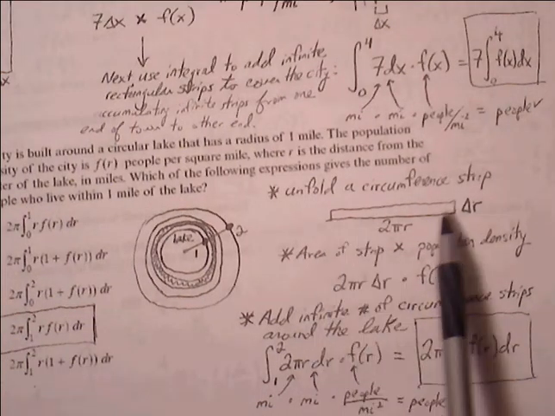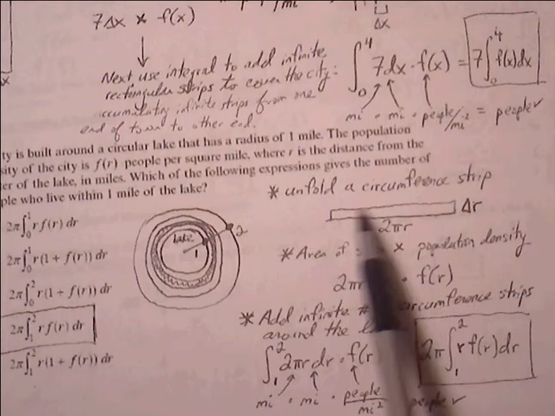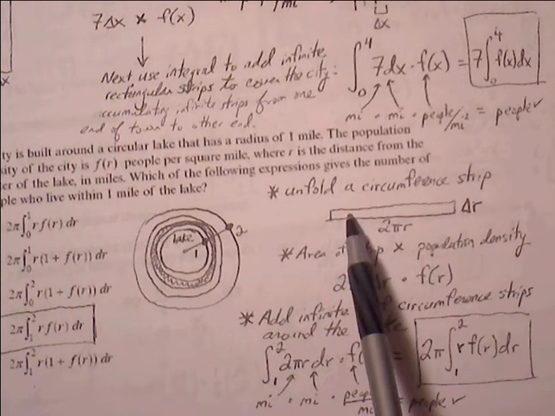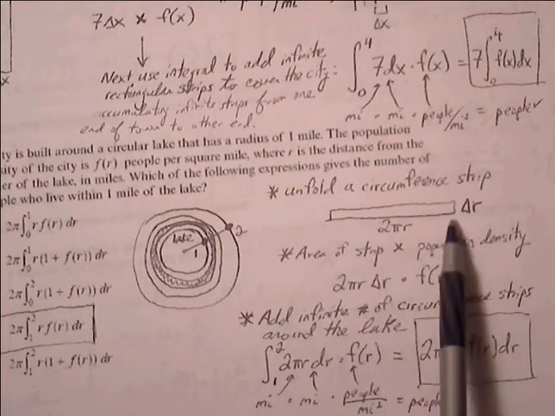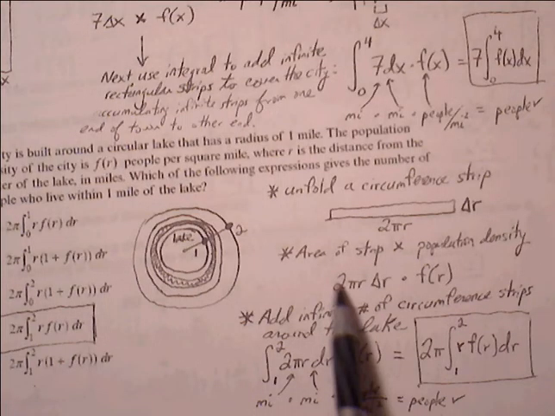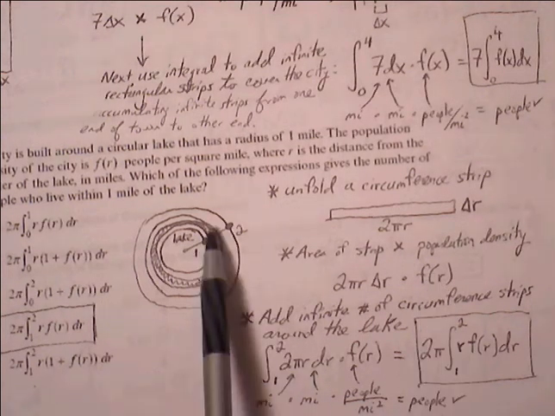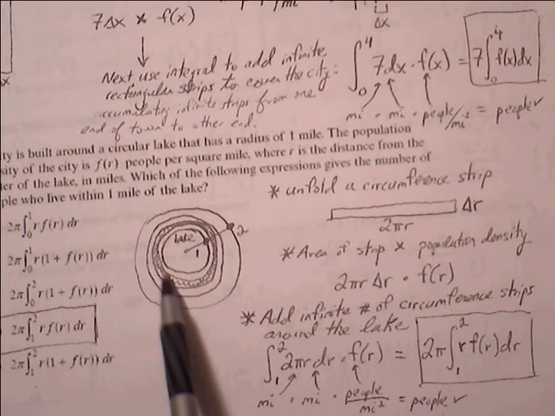If we take the area of this and multiply by f of r, we have the population for this particular strip. The area of the strip is 2 pi r times delta r. We can convert delta r to dr, times f of r. All this represents the population for this particular strip.